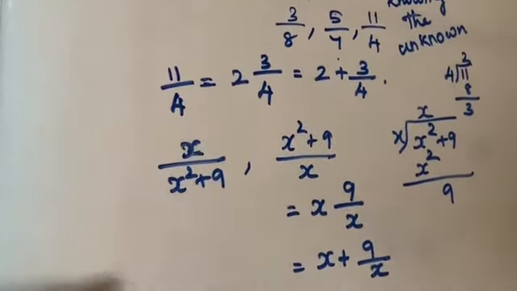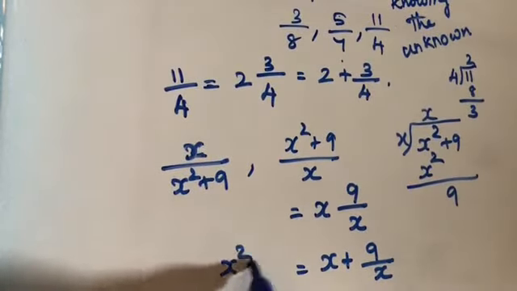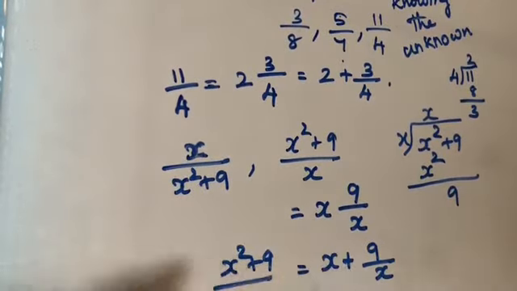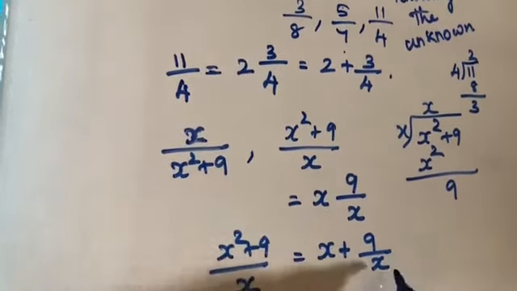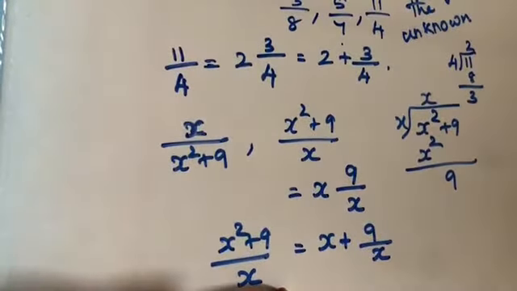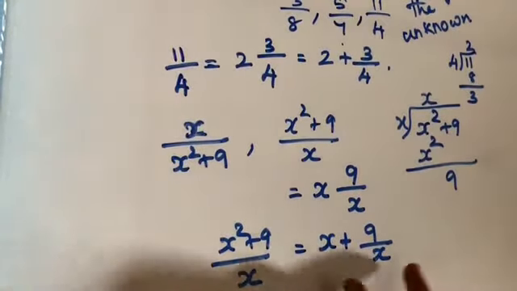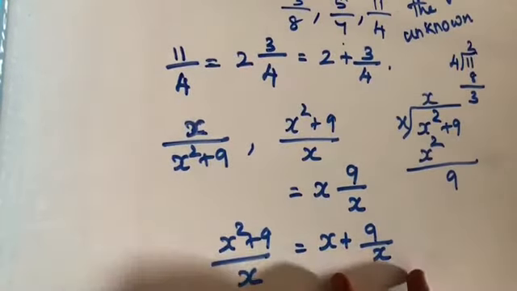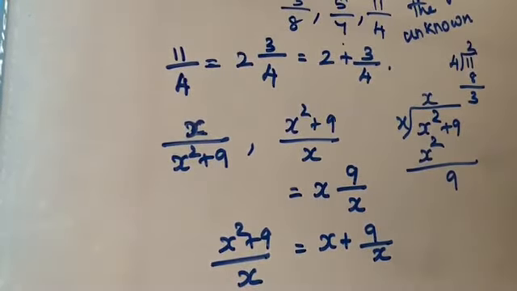So now x square plus 9 divided by x can be written as x plus 9 by x. Here this fraction is split up into two. This is the way of writing partial fractions. This is what we are going to do in this topic.